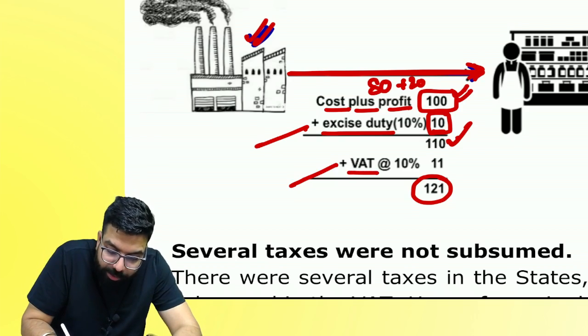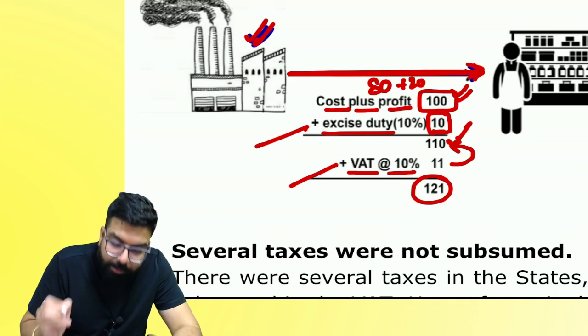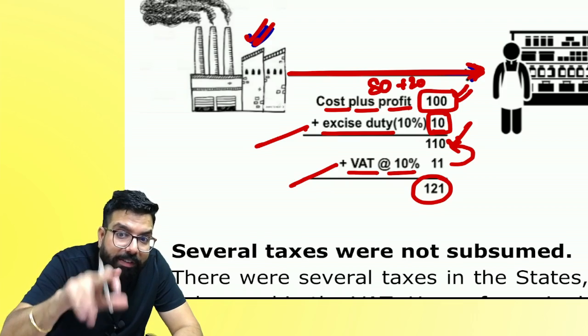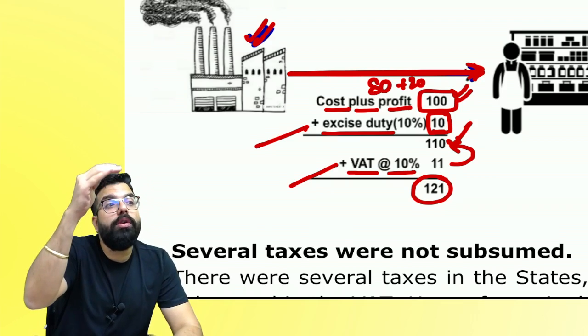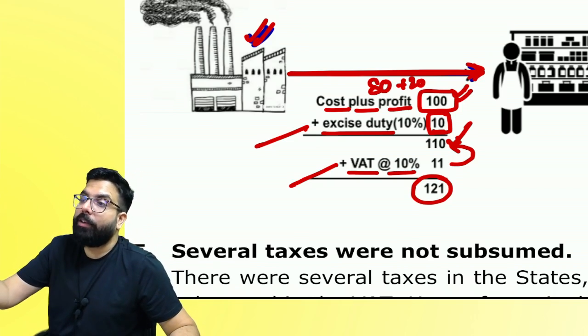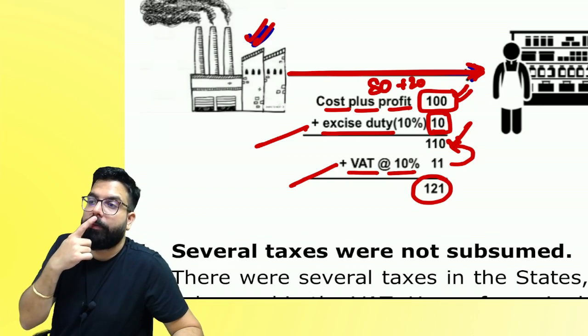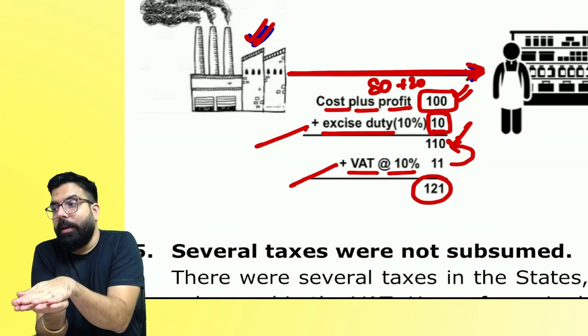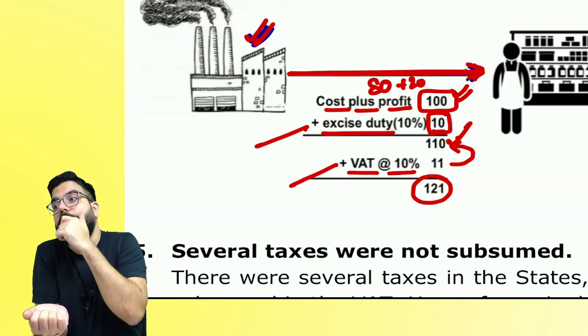Don't you think VAT, which is 10%, is charged on 110? And in 110, 10 rupees is tax. So don't you think tax is charged? When tax is charged, don't you think this item has become expensive? Don't you think inflation will be happening in the country?